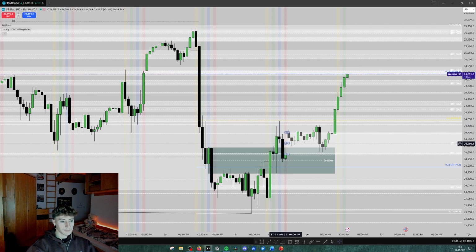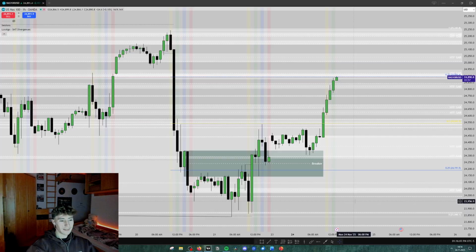And right here we have the new day opening range from today, not the day opening range gap, but the higher time frame gap. So the new day opening gap, that's the right term.